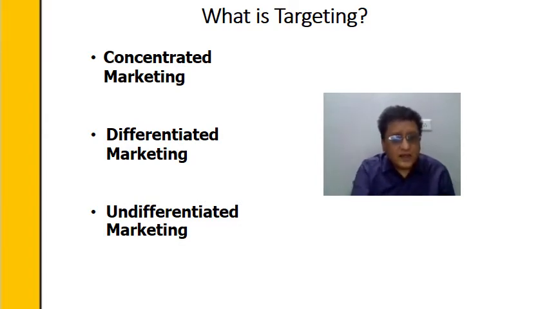Just to explain this further, there are three things a marketer considers when taking a decision about adoption of strategy. First, your company resources. Are your company resources thin? If you have very limited company resources, then you will choose a different target market.